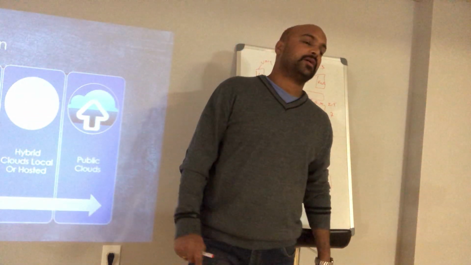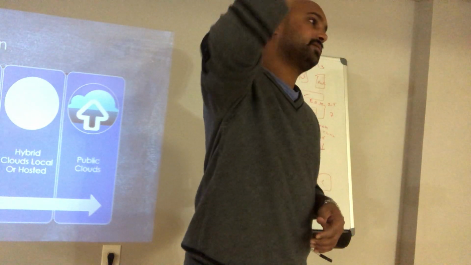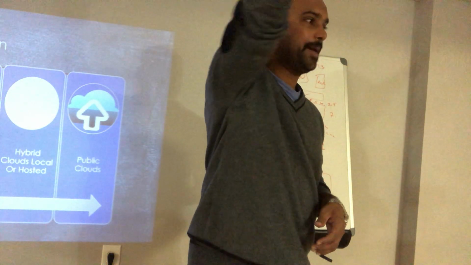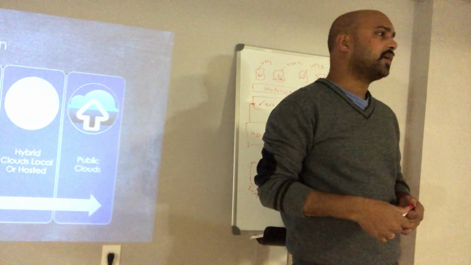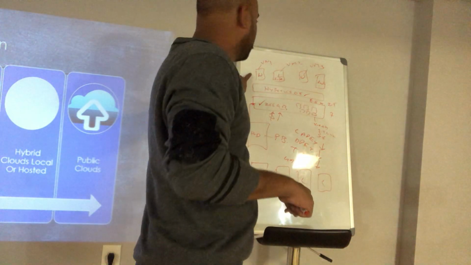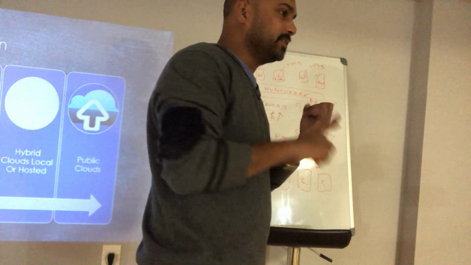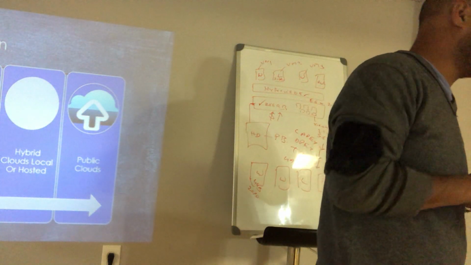Public cloud is where the infrastructure is somewhere else, is with Amazon, is with Microsoft Azure, is with Google Cloud. It is not in my office. So if I want to create a virtual machine like this, what do I need? I need internet. I need a laptop like that, or you need a phone like that. Just log in, type your user ID, password, and your virtual machine is created.